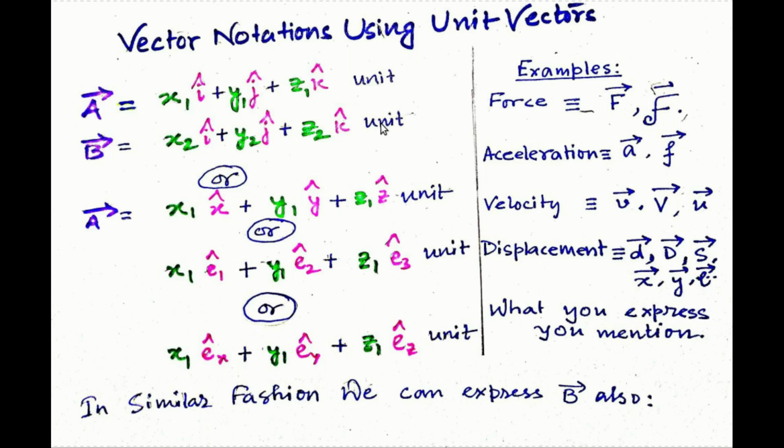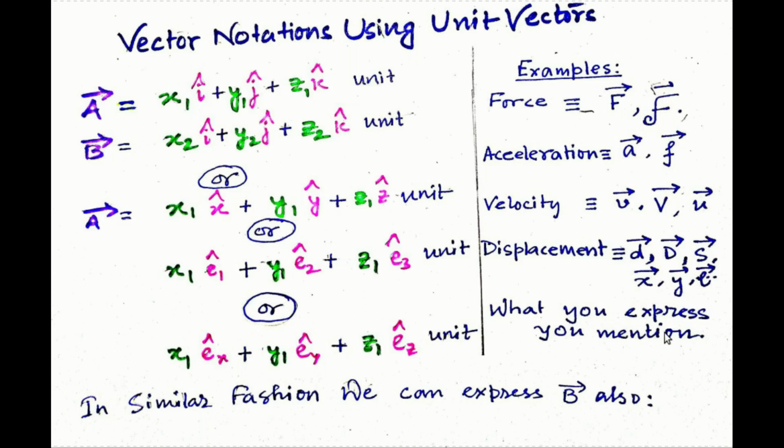For example, force is written as f, or sometimes as curly f, and acceleration is written as a. Velocity is written as v, sometimes a capital V, sometimes u, and displacement is written in this form. So what we have to keep in mind is that whatever we express, we have to mention.